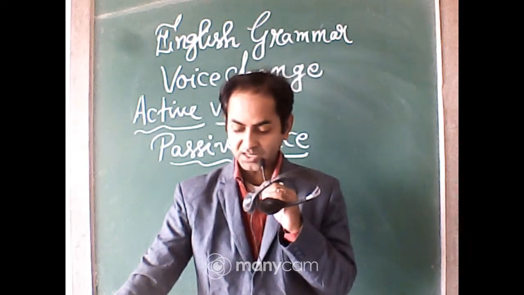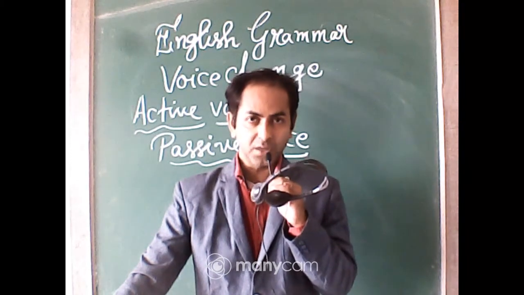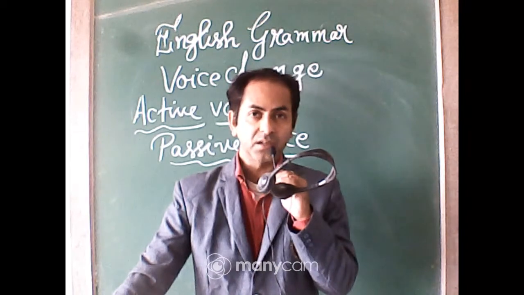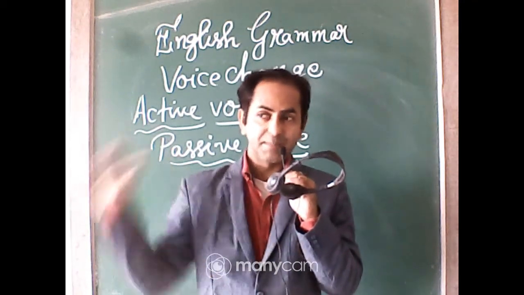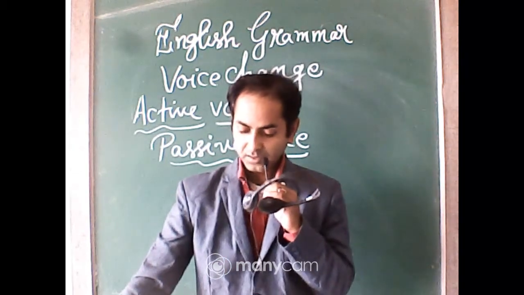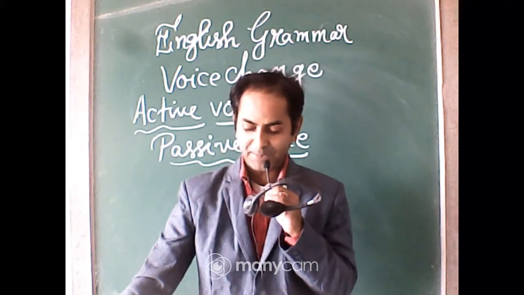Here the subject is a song, and Britney Spears becomes the object. The subject is not doing the work, rather something has been done upon the subject. Somebody else is taking some action on the subject. Here a song is the subject and it is not the doer of the action. So this sentence is in passive voice.